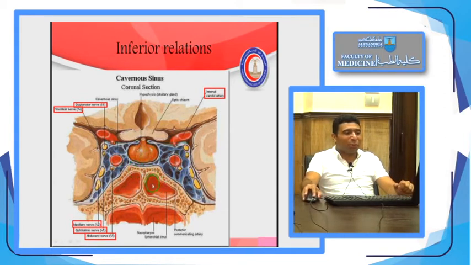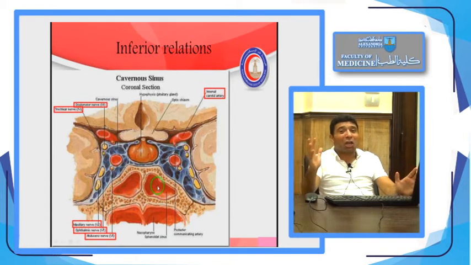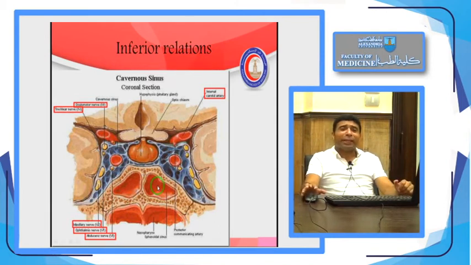Under the sphenoid we have another type of sinus called the sphenoidal air sinus. What is a sphenoidal air sinus? Sinus here means a space in the skull bone containing air. If we go back to our foundation module, we studied the types of bones.